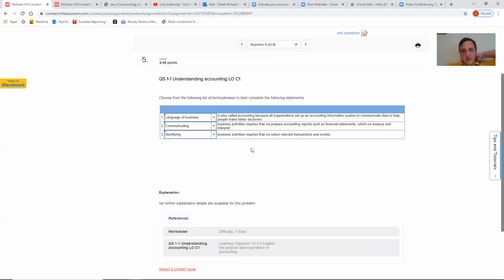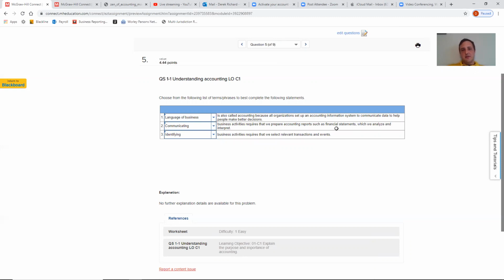So it's called accounting because all organizations set up an accounting information system to communicate data to help people make better decisions. It's the language of business. Business activities require communication, so we prepare accounting reports such as financial statements. And again, communicating.